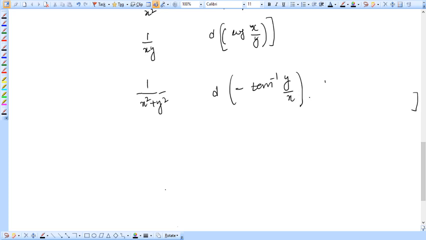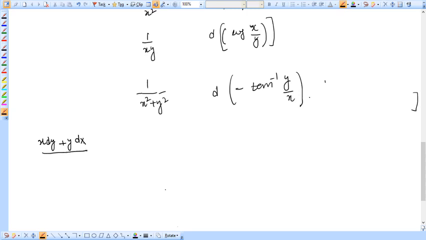Now we are changing this equation. This is, in fact, an exact equation, but still it could have an integrating factor, right? x dy plus y dx.